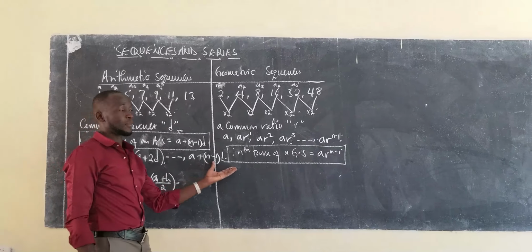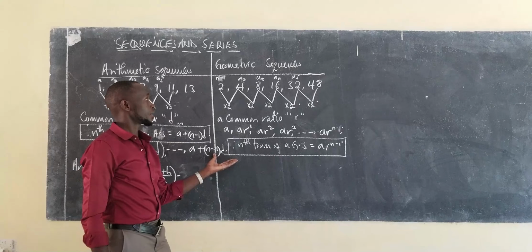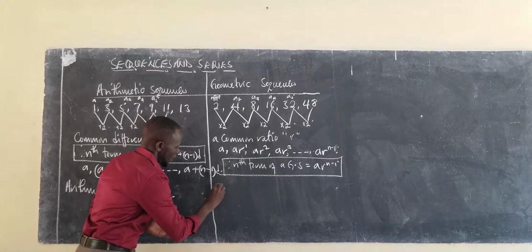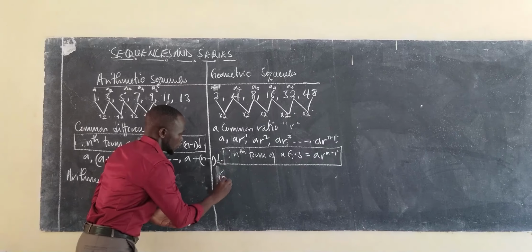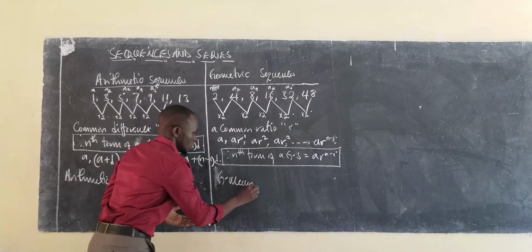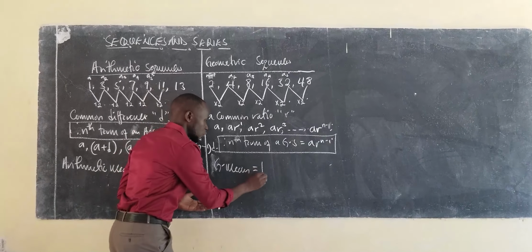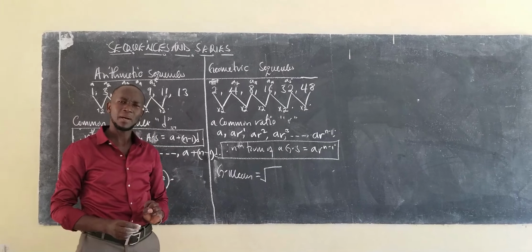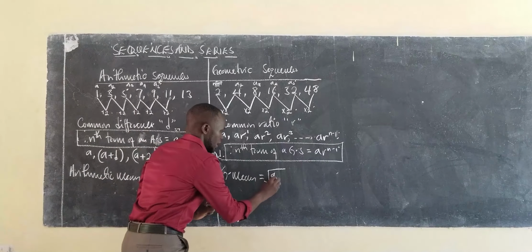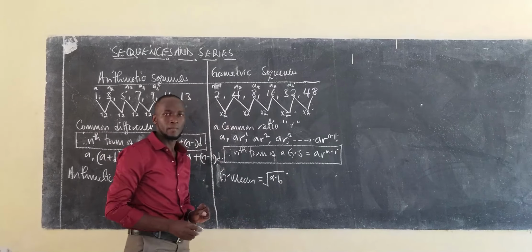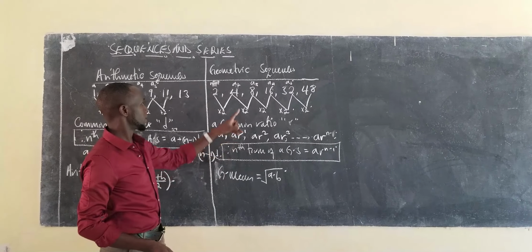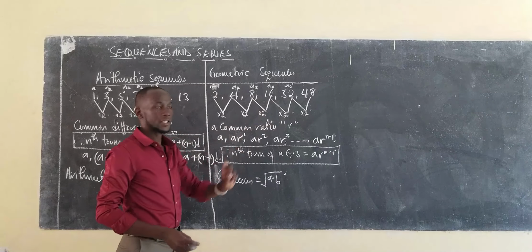How about for a geometric sequence? The geometric mean is given by the square root of A times B, the two numbers that have been asked. Let's assume that you're getting the geometric mean of 8 and 32.